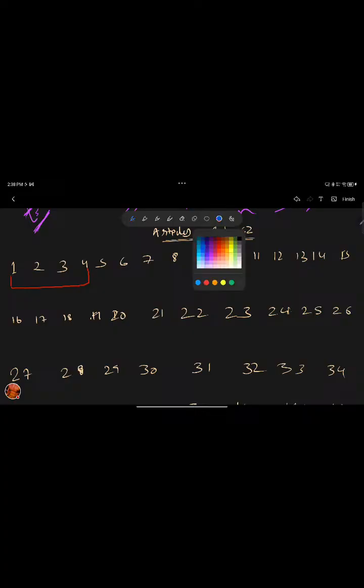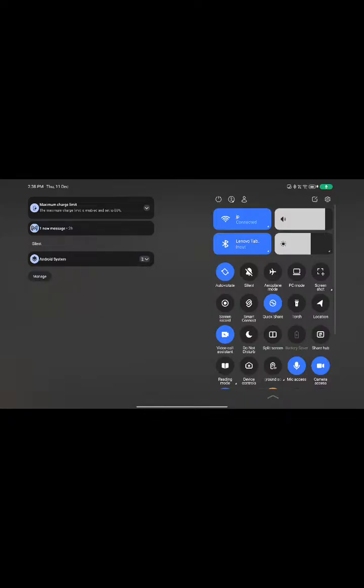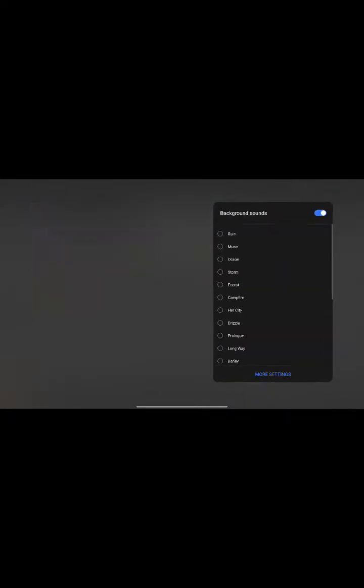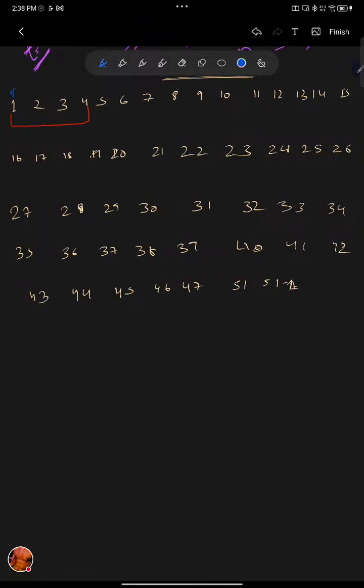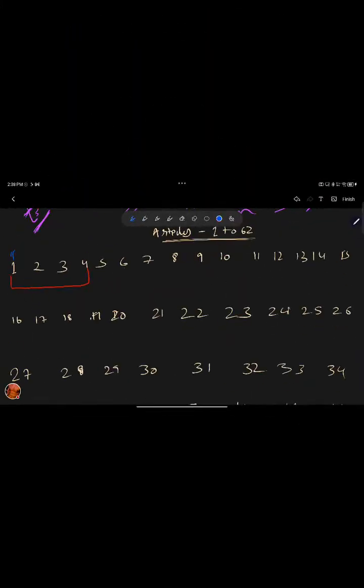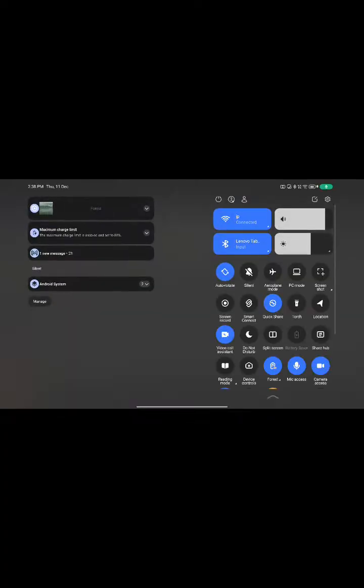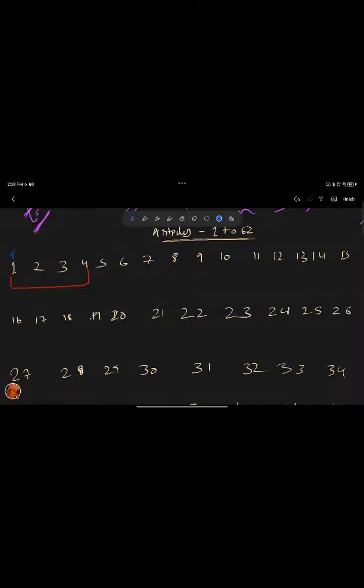The first article is basic information about your states and all that, like 28 states and 8 union territories.